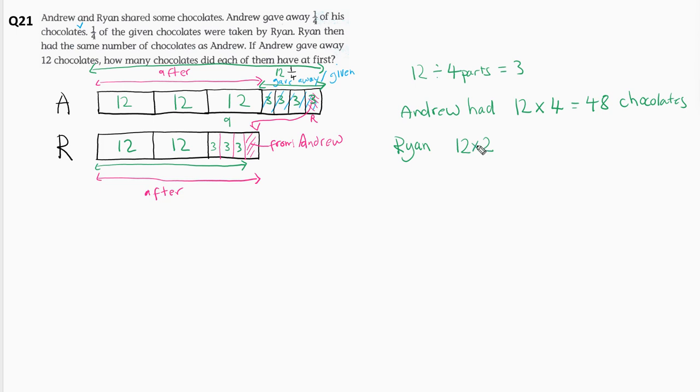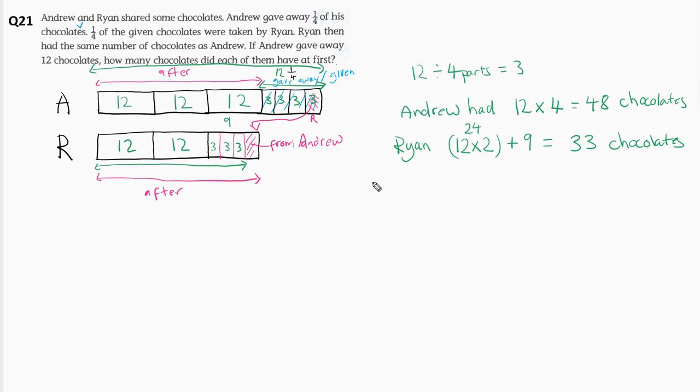So 12 times 2, which is 24, and then we can add the 9, and that gives us 33. Or we could have done it as 12 times 3 and taken away the 3, however you want to do it. So Ryan has 33 chocolates.